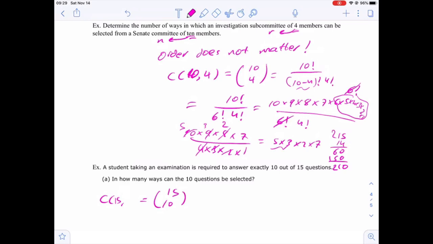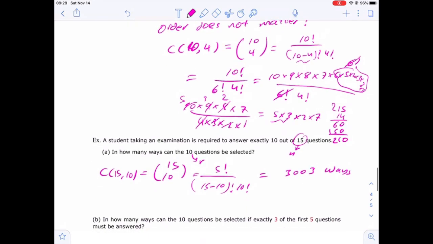Out of 15 we choose 10, so 10 is r and 15 is n. You can use the calculator, or compute it using this formula. After simplifying, you will get 3003 ways.